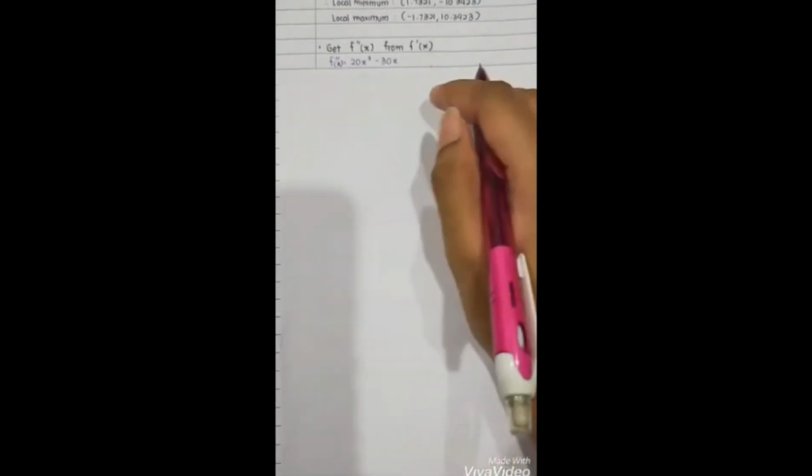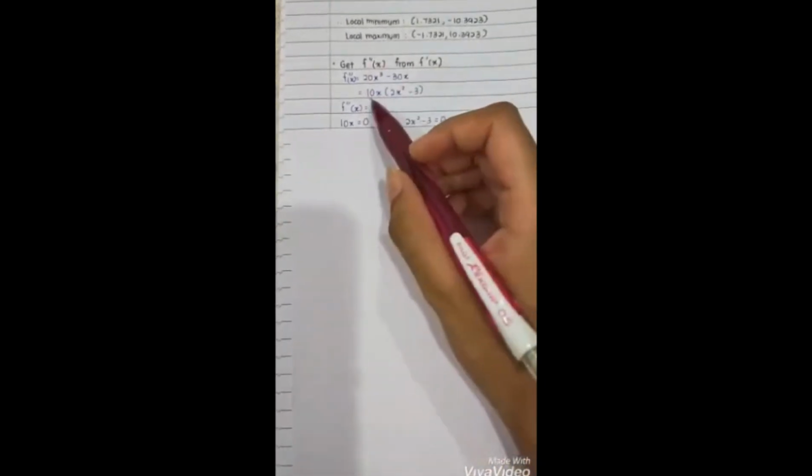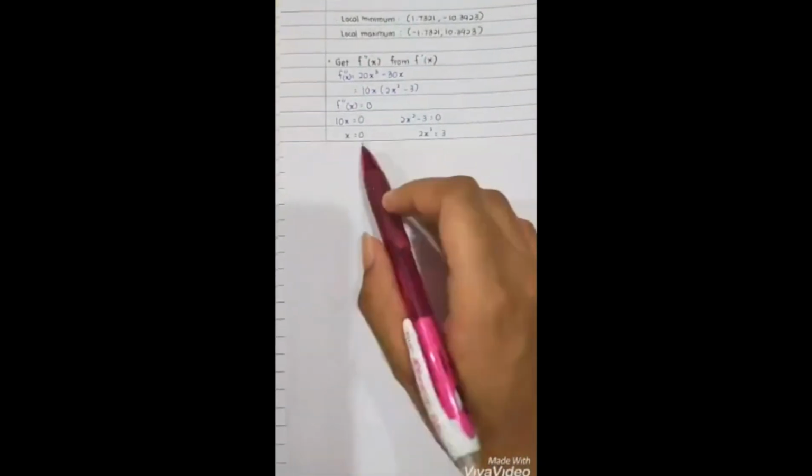Next, to know the concavity, we find the second derivative of f(x). So we get 20x cubed minus 30x. Then factorize it: 10x in bracket 2x squared minus 3. As usual, f''(x) equal to 0. So 10x equal to 0, therefore x equal to 0.